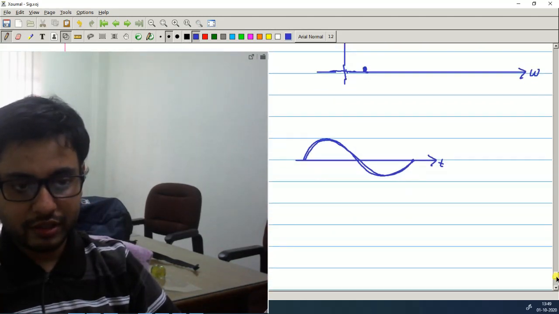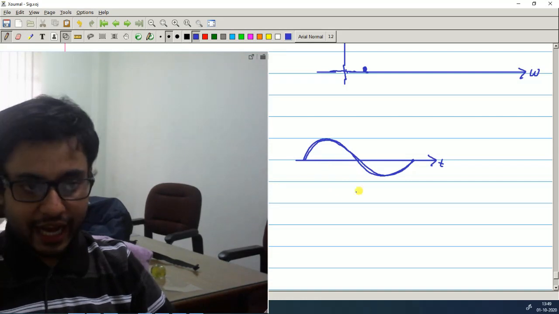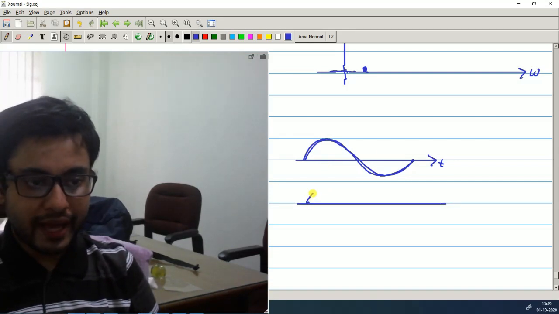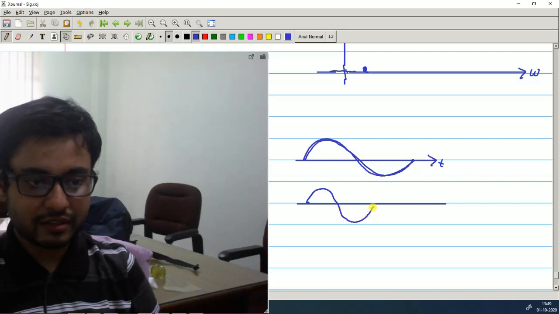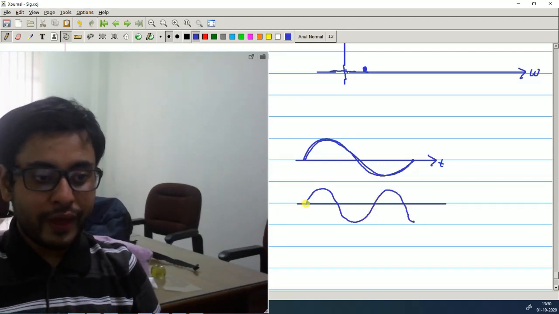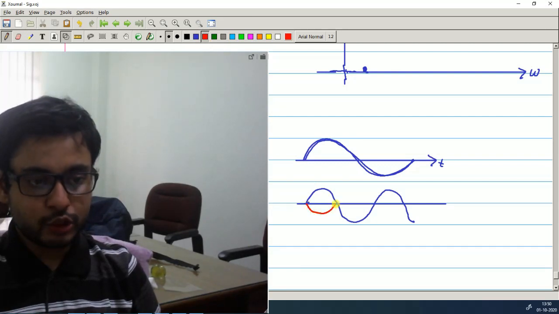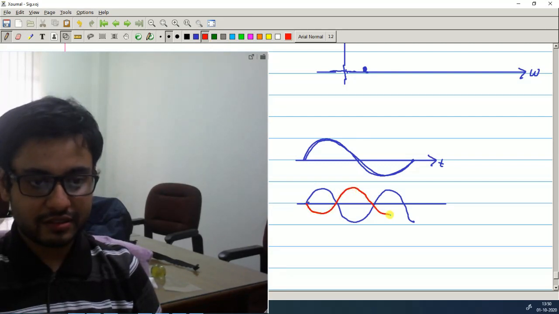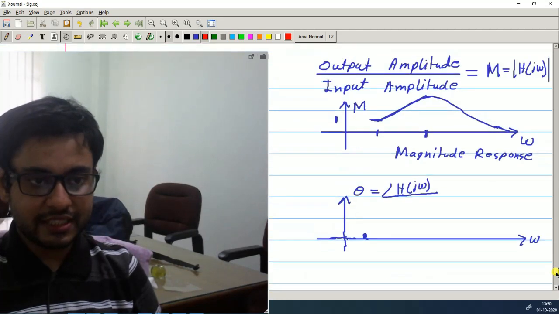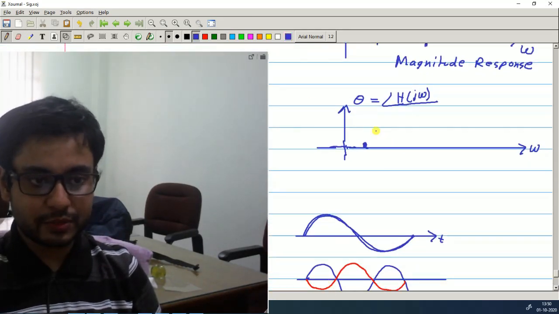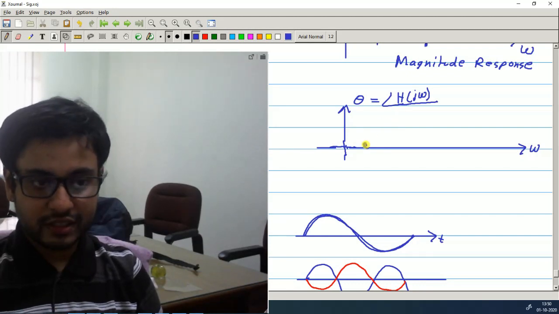So that means at a higher frequency, when I am moving my hand in this way, the weight is actually moving in this way, almost in this way. So there is 180-degree phase difference between the input and output.